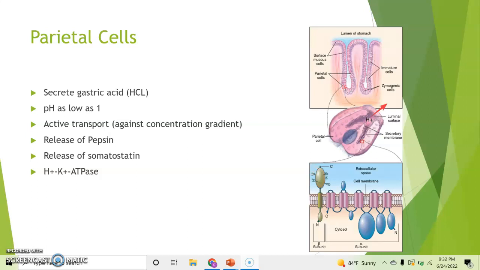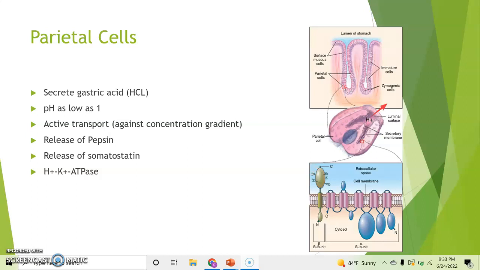The hydrochloric acid in the stomach also causes the release and activation of pepsin, which I'll talk about in a later slide. Also, the acid triggers somatostatin release as well, which I'll talk about in a later slide.